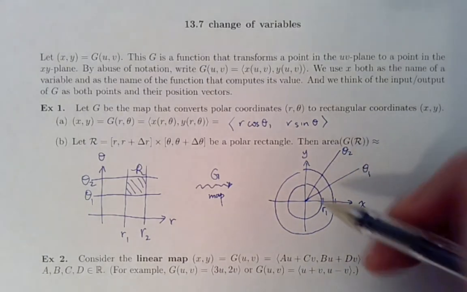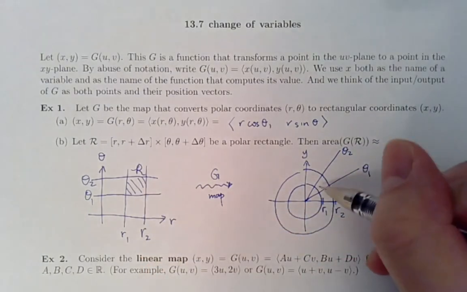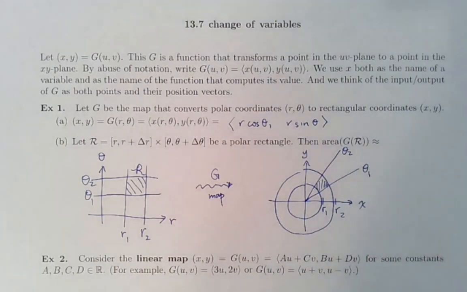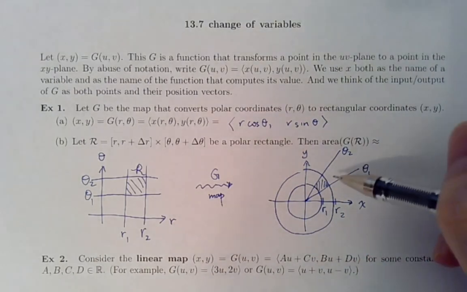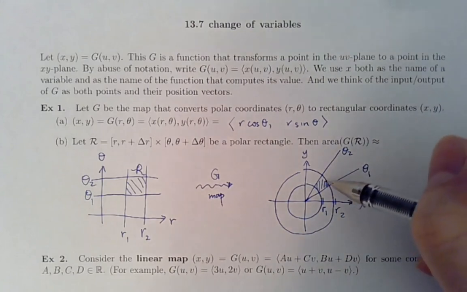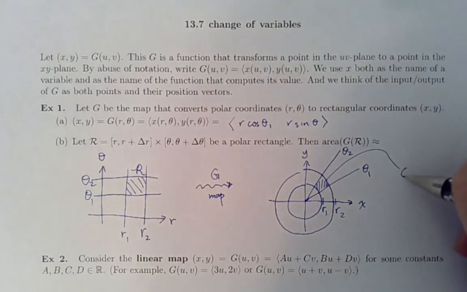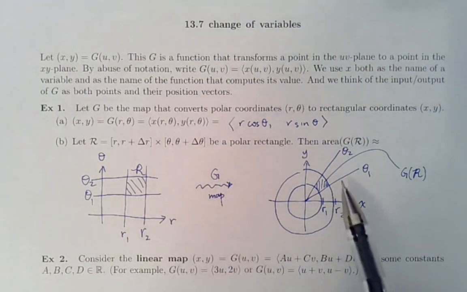And this rectangle gets mapped over to this region. We'll call this g of R. Now we take the rectangle and we push it through g, and we get this weird polar rectangle thing.